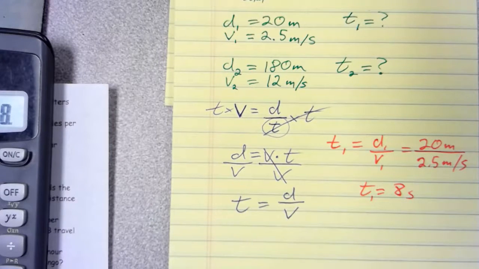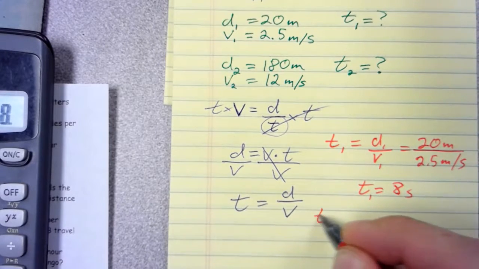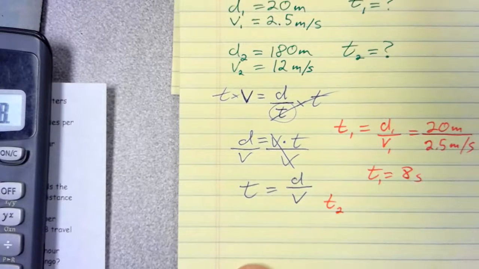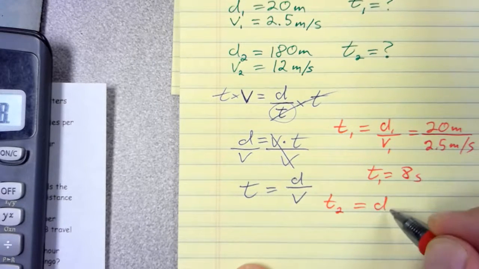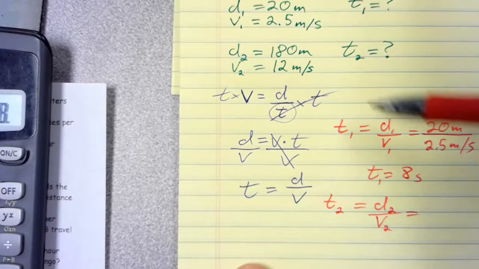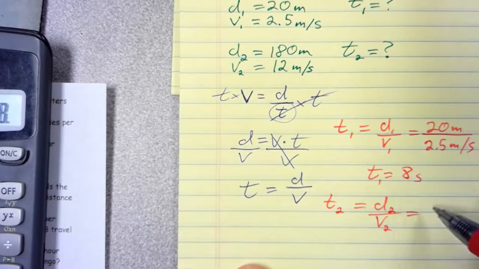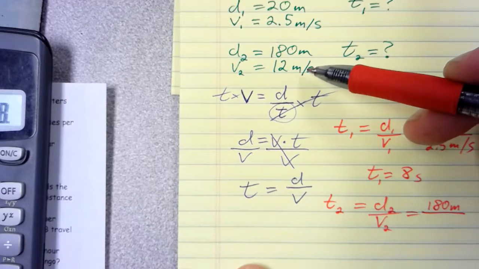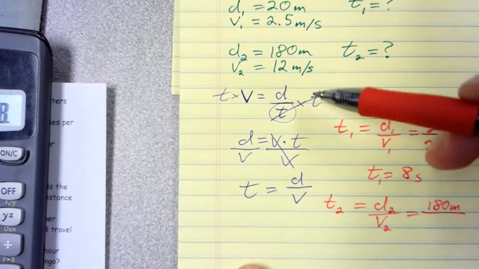I'll do the same thing for T2. T2 is equal to D2 divided by V2. And I'll just go up and I'll take a look. 180 meters and 12 meters per second. I'm just plugging these straight in.